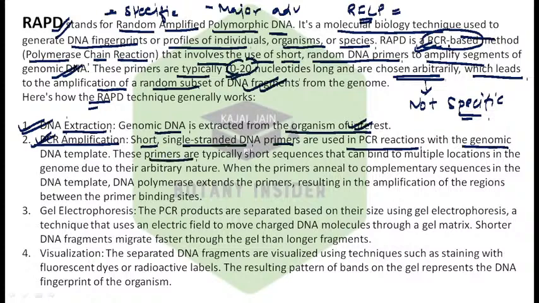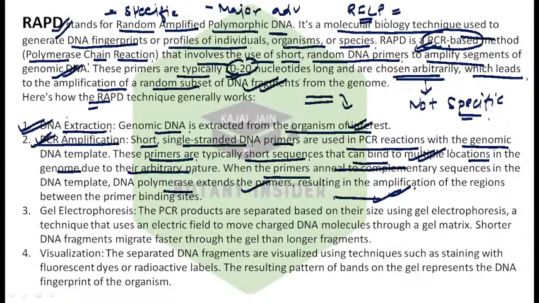And these primers are typically short sequences so that they can bind to multiple locations in the genome due to their arbitrary nature. When the primer anneals to a complementary sequence, the DNA polymerase extends the primer and results in amplification of the DNA. From one fragment, it gives two fragments and from two further, it amplifies our DNA. So even if we have a very small amount of DNA, it can amplify it and show us the result.